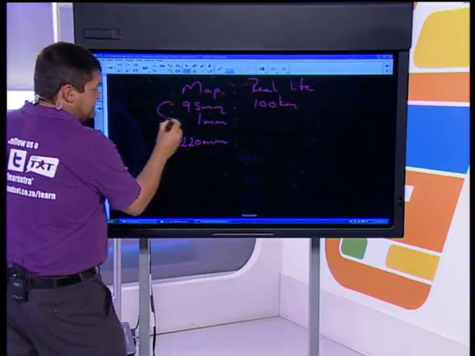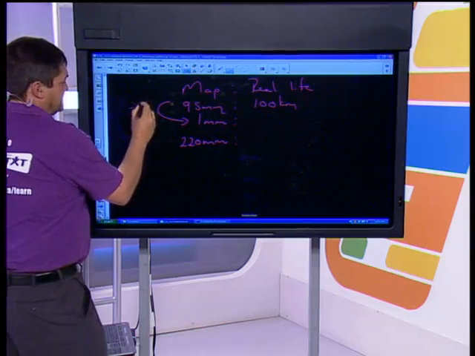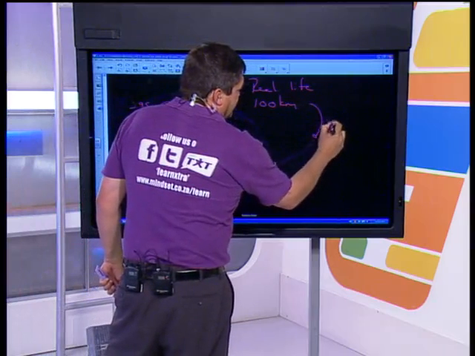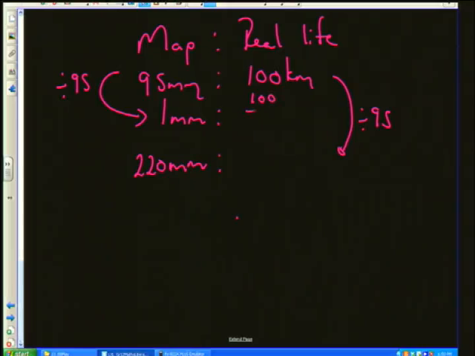Now, how did I get that 95 to become 1? I divide it by 95. And I'm going to do the same this side. I'm going to divide by 95. So I've got 100 divided by 95. Now I don't want 1, I want 220. How do I get the 1 to become 220?